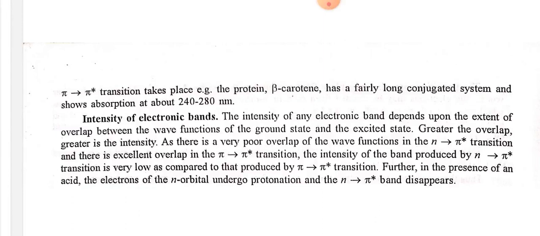The intensity of a band produced by an n to pi star transition is very low as compared to that produced by a pi to pi star transition. Further, in the presence of an acid, the electrons of the n orbitals undergo protonation and the n to pi star band disappears.